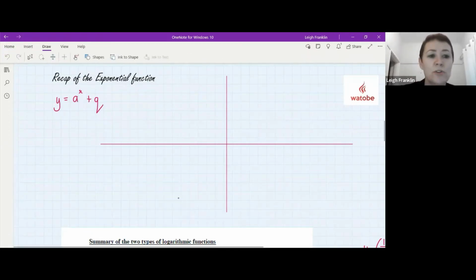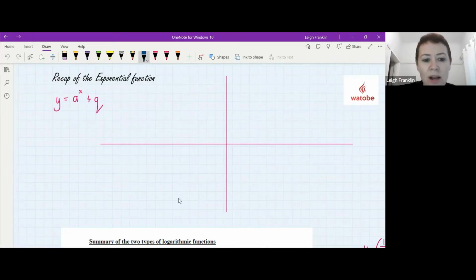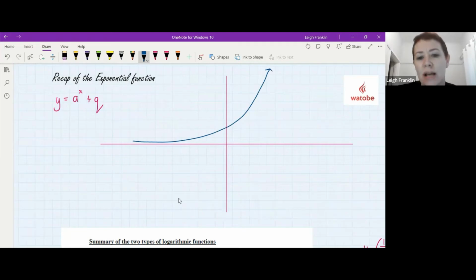When we first do the exponential function in grade 10, we learn that exponential growth looks something like that, if this is our x-axis and that is our y-axis. What this sort of growth represents is things that start off growing quite slowly, and then there's a really rapid increase.